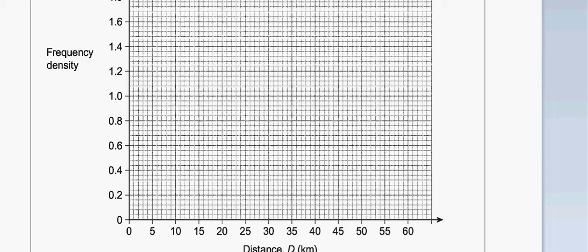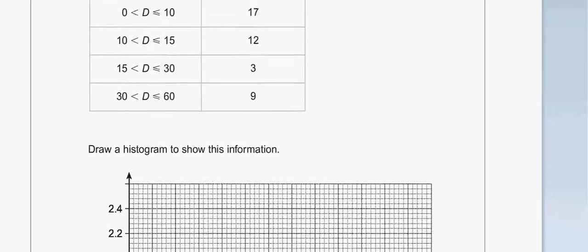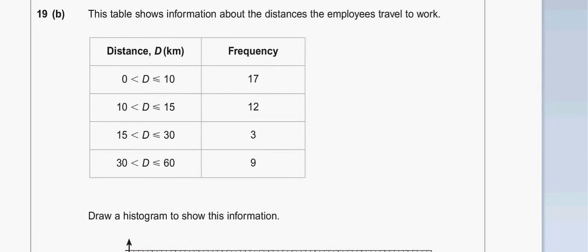So all we've got to do now is work out our frequency density. So I would write frequency density, so I know how far to come up.